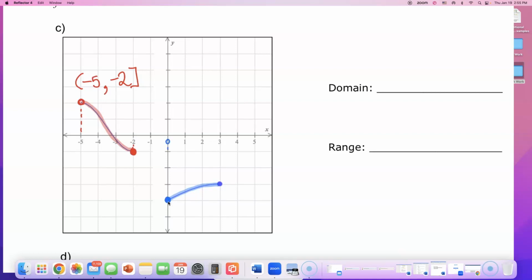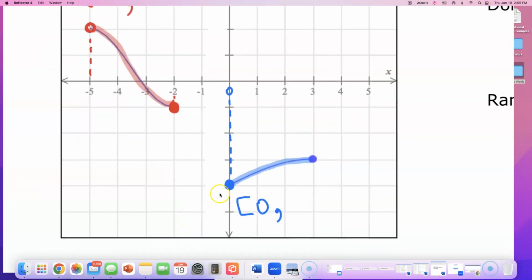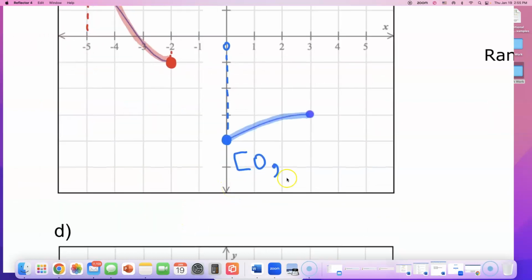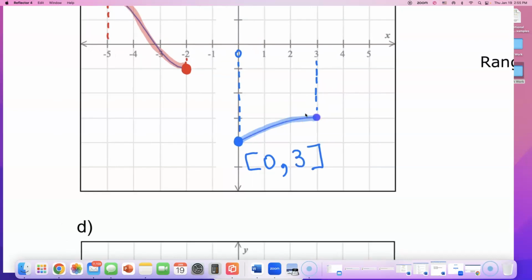X value is 0. So this blue piece starts from 0, but notice I'm using a bracket because we have a closed circle there. Also, this piece right there ends at +3. So the domain of this blue piece is 0 to 3.